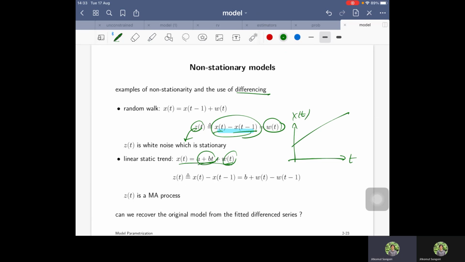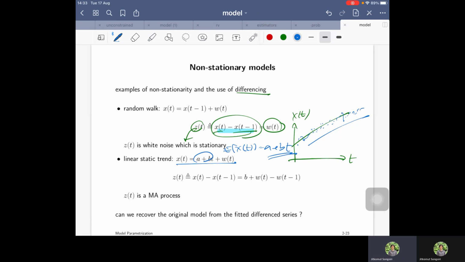If you add the noise, this is what you're going to see, right?